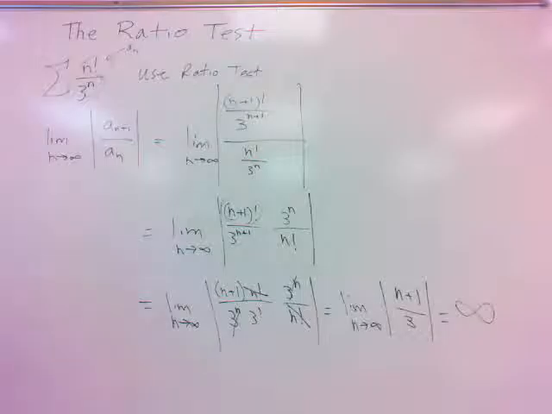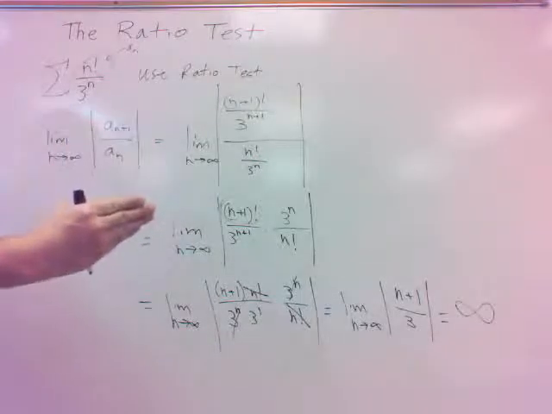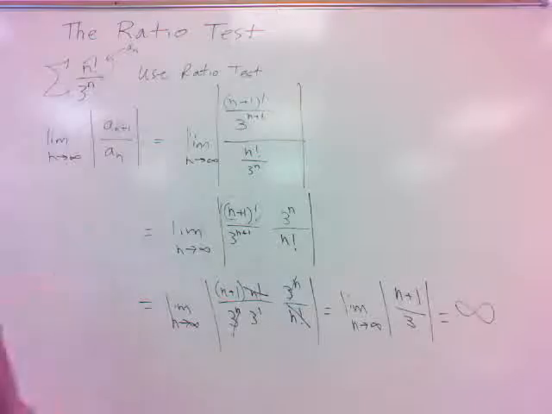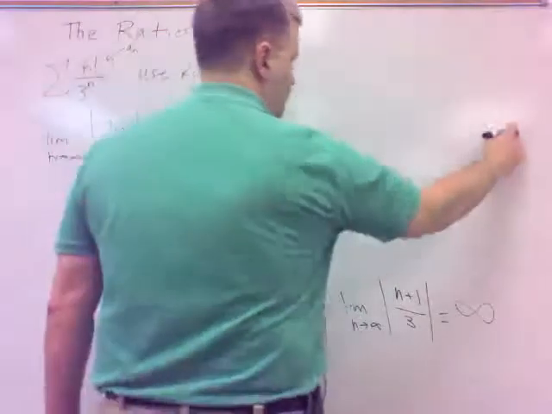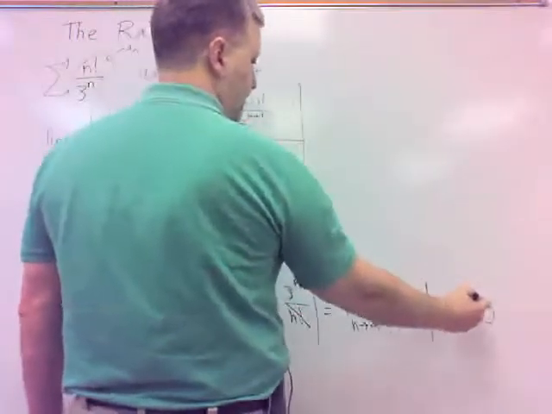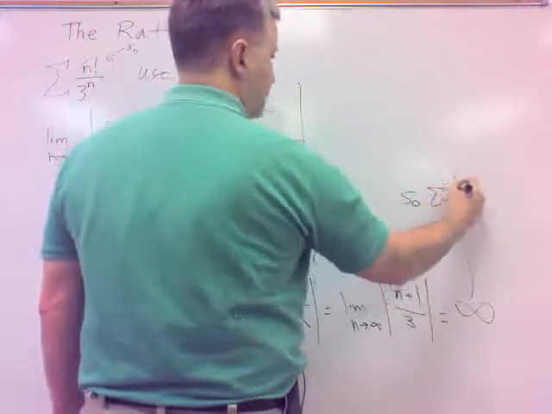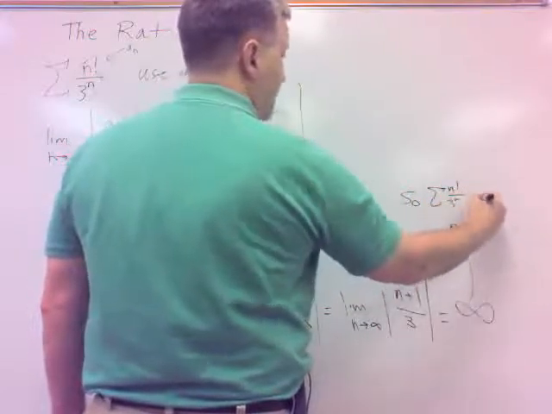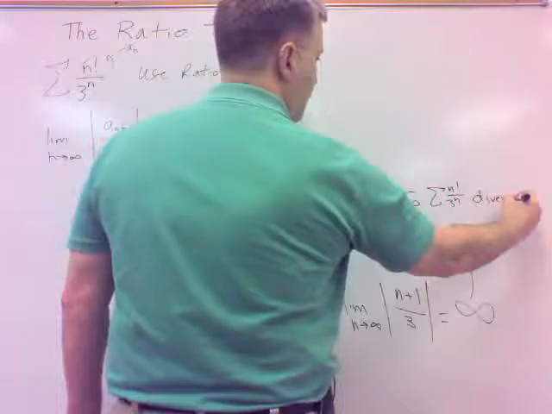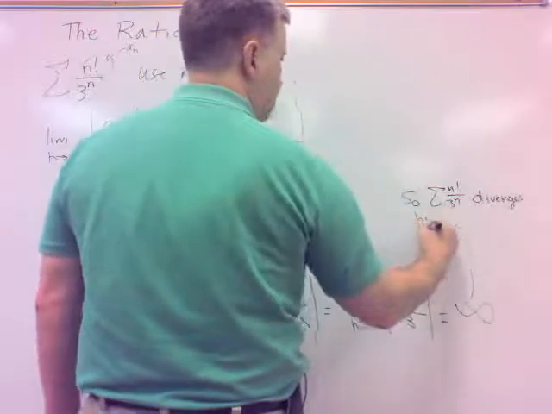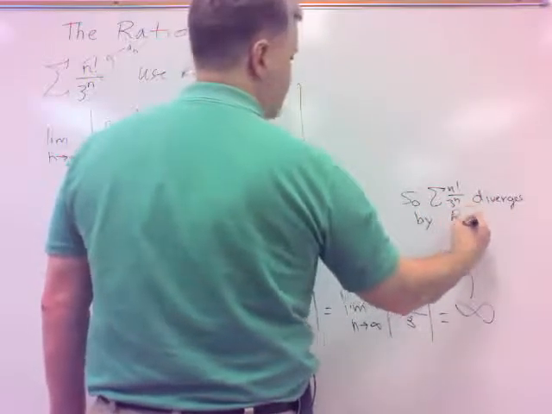Well, the ratio test says if my limit is greater than 1, which infinity certainly is, it's divergent. So this series, n factorial over 3 to the n, diverges by means of the ratio test.